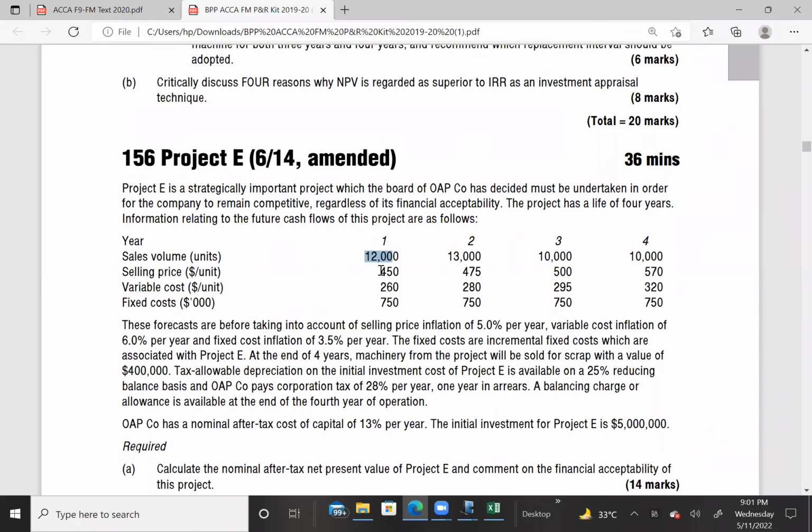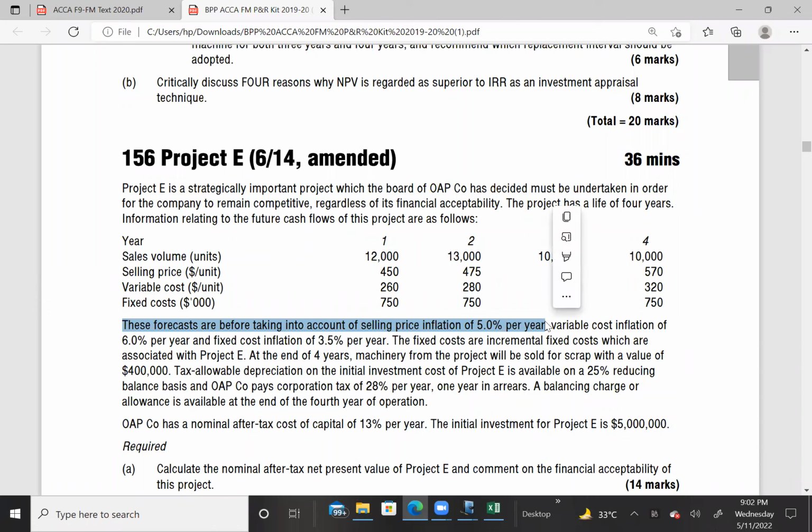The sale price is $450 per unit, and read this line: this forecast is before taking into account the selling price inflation of 5% per year. So the sale price given in each year, year 1, year 2, year 3, and year 4, is without considering the inflation in the selling price.